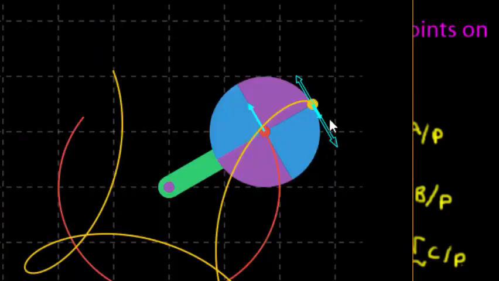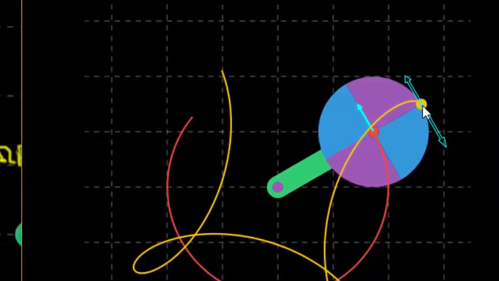Therefore, these two vectors that add up to our velocity partially cancel each other out, so the result is this tiny little vector for our velocity. So when we're at point B out here, the speed is the smallest it ever gets, because these two velocity vectors are partially canceling each other out.